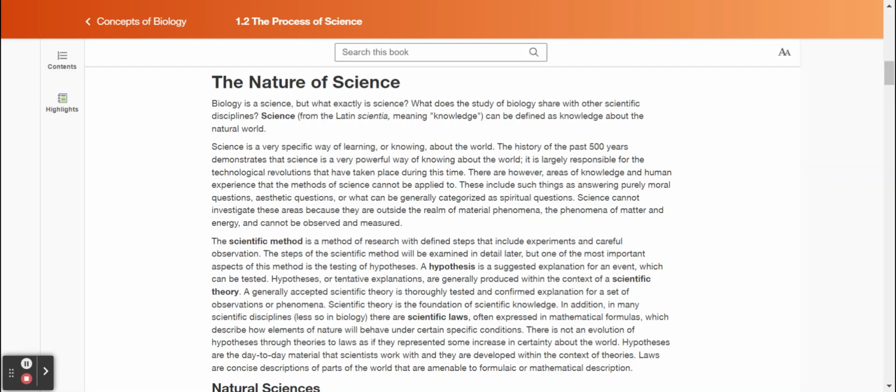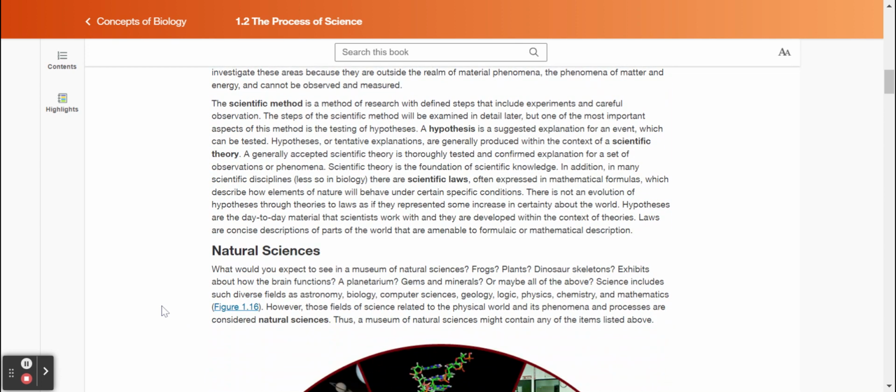The scientific method is a method of research with defined steps that include experiments and careful observation. The steps of the scientific method will be examined in detail later, but one of the most important aspects of this method is the testing of hypotheses. A hypothesis is a suggested explanation for an event, which can be tested.